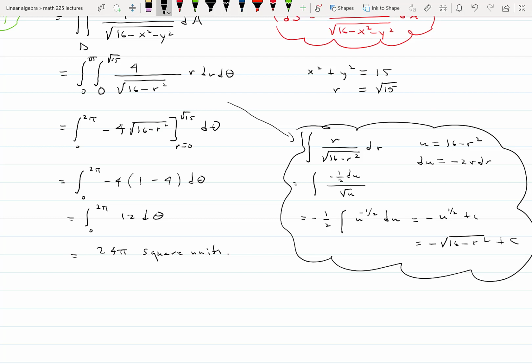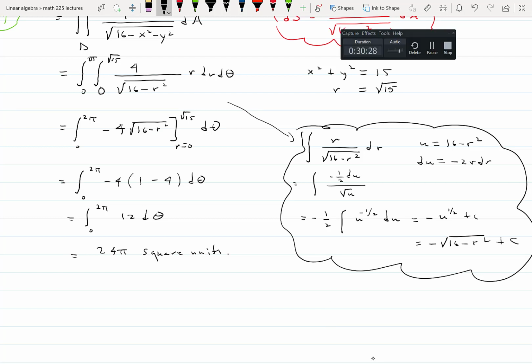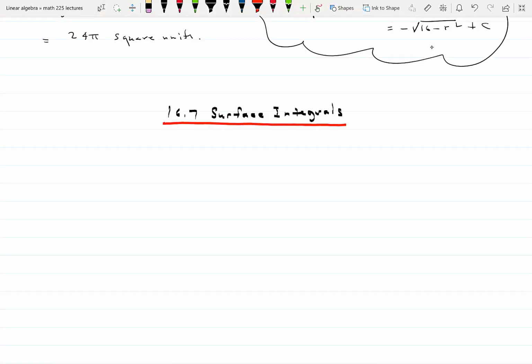Without further ado, let's start section 16.7. So let's dig in. Let's dig into section 16.7, surface integrals. There's some good news here. The good news is that the concept of a surface integral is just an extension of the kind of thing we were doing when we found surface area.